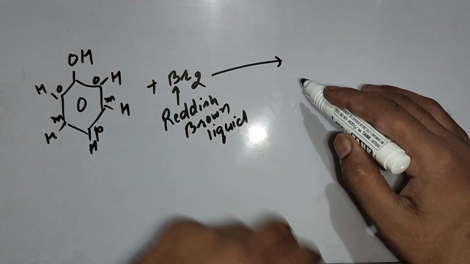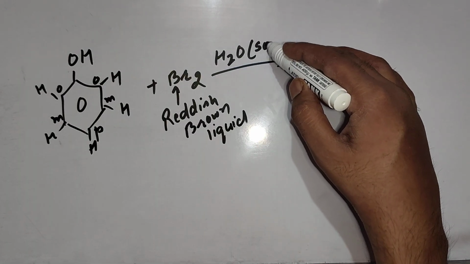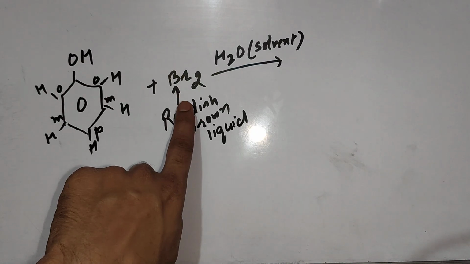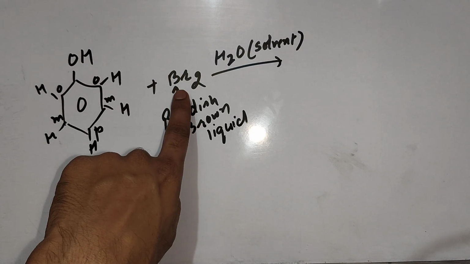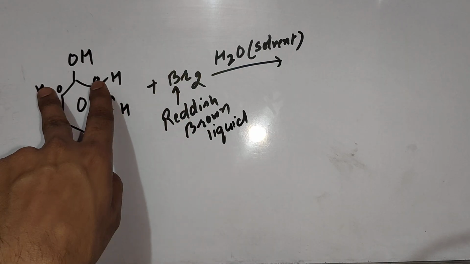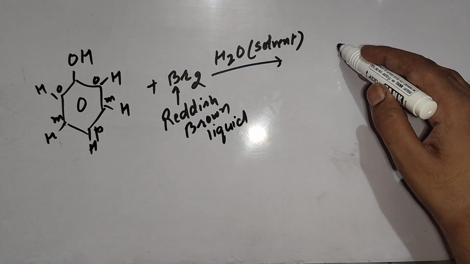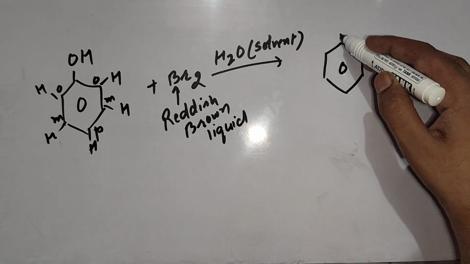Now when you bring this reaction in the presence of water as a solvent, obviously we know this is an electrophilic substitution reaction. The bromonium ion as an electrophile will prefer to attack on which position? Ortho and para position. In the presence of water as a solvent, all the three positions will be occupied simultaneously.